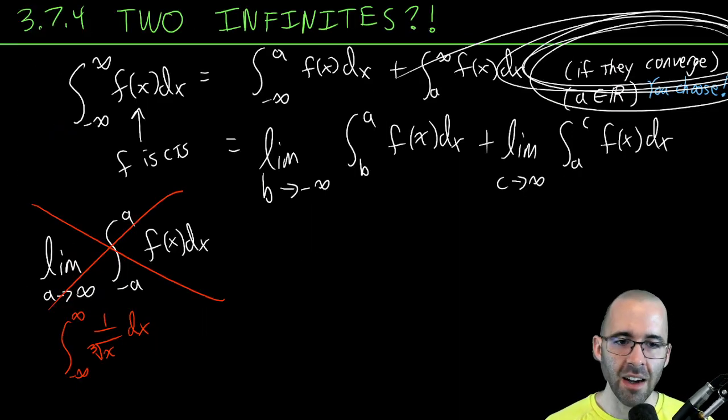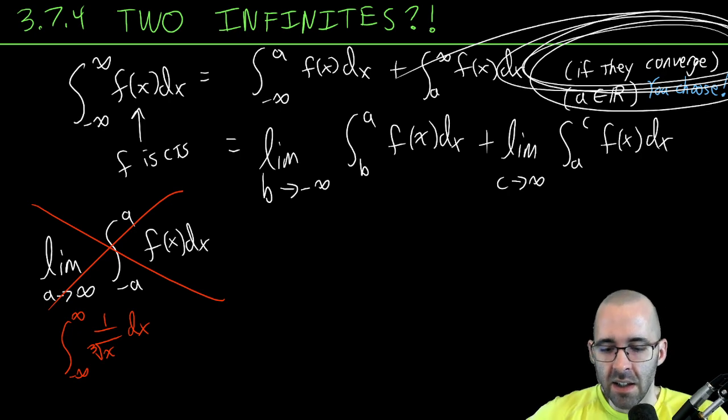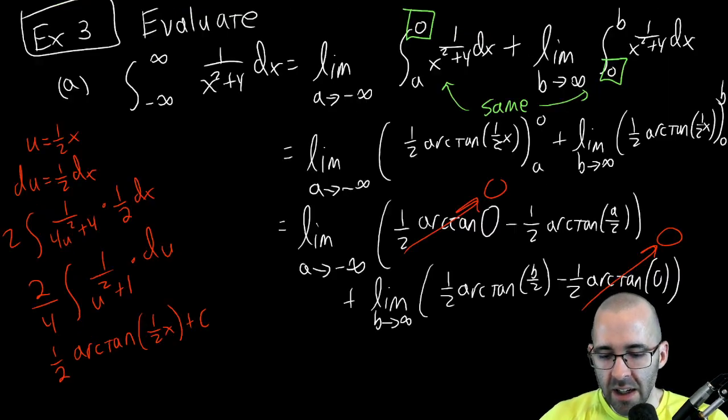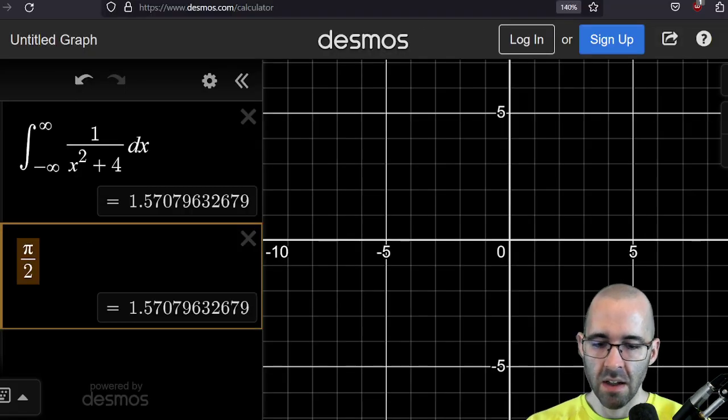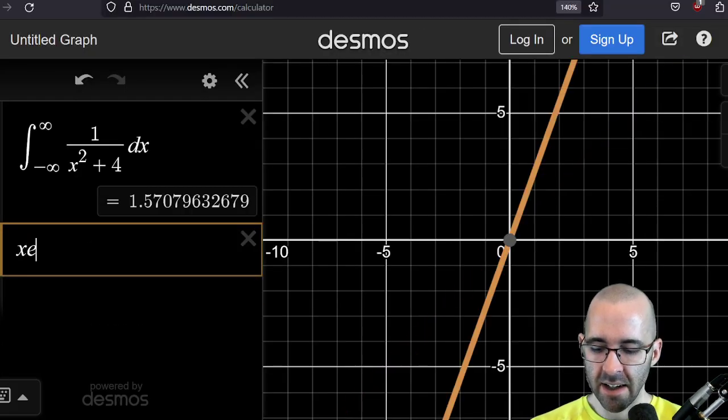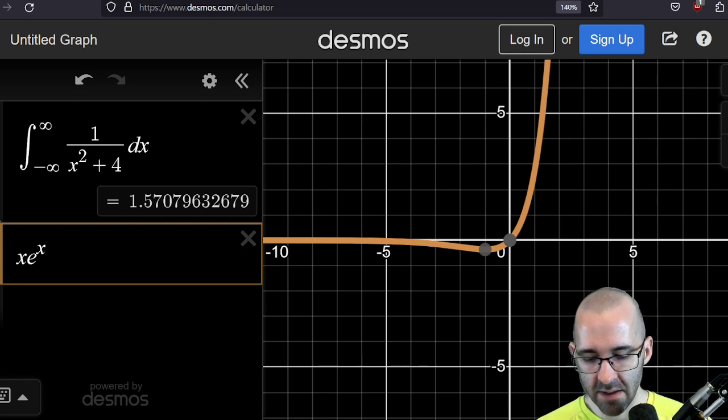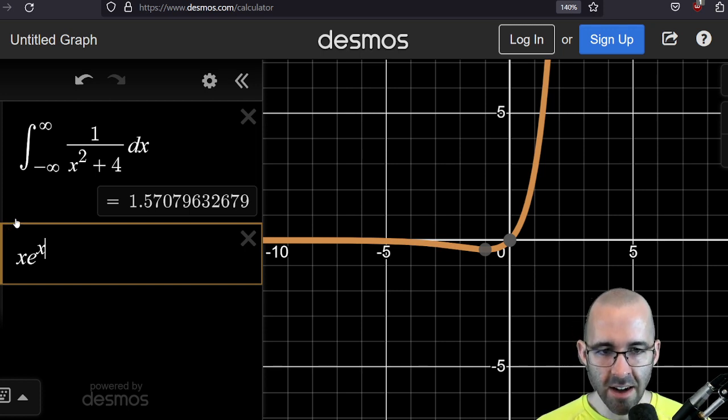Each one is kind of going off to infinity, even though if you look at it graphically, this is x e to the x. Wait. I said this was an odd function. It's not an odd function. One of them goes off to infinity. The other one is actually defined. I'm crazy.